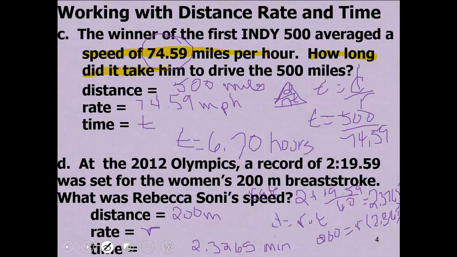Okay? And then you're just going to take and divide 200 by that number. So you would get R is equal to 85.96 meters per minute. Sorry, that's really crammed in there. All right? So if you know your triangle, you could go straight to R equals D divided by T. That's fine too.